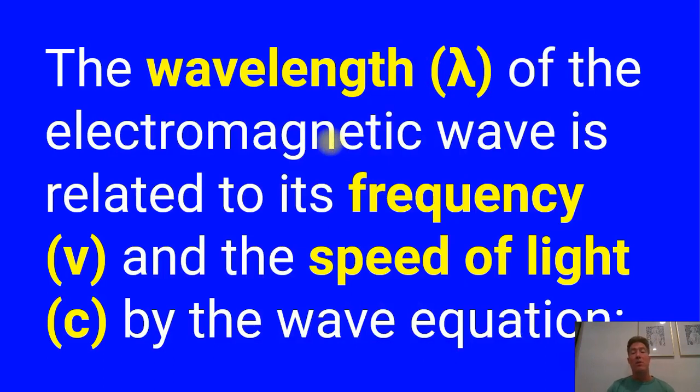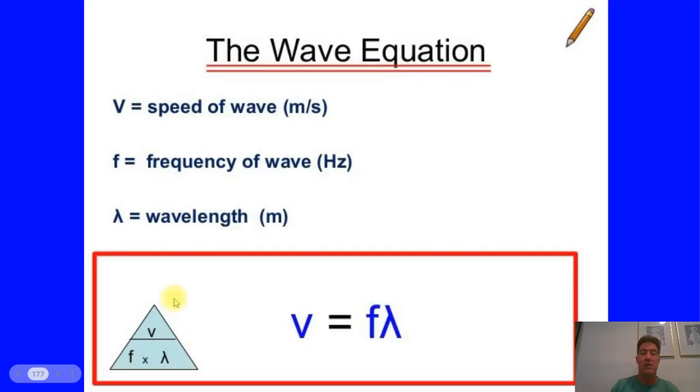So this takes us to what is known as the wave equation. The wave equation relates the wavelength, which we call lambda, of the electromagnetic wave, to its frequency, which we call nu, and to the speed of light. So basically, in general, the velocity of a wave is equal to its frequency times its wavelength.